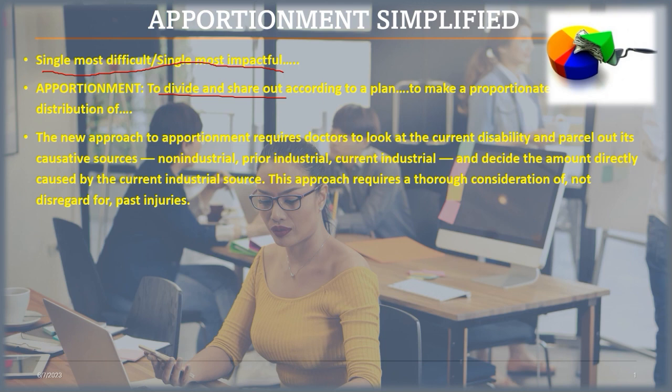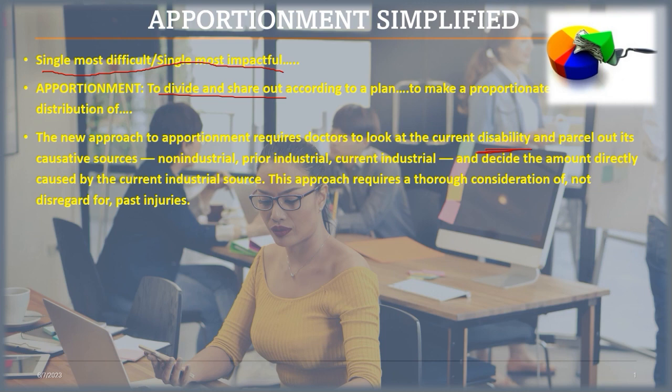Okay? Now, the approach that we need to consider as qualified medical evaluators in providing our apportionment determination is to look at the current disability. And for our purposes as qualified medical evaluators, we're looking at impairment. So for the purposes of our apportionment determination, the words impairment and disability can be thought of as synonymous and interchangeable terms.